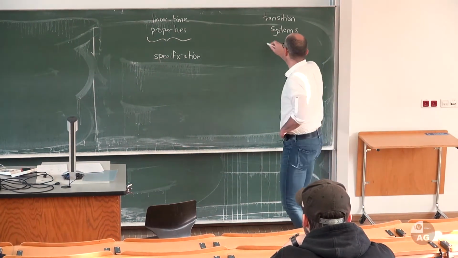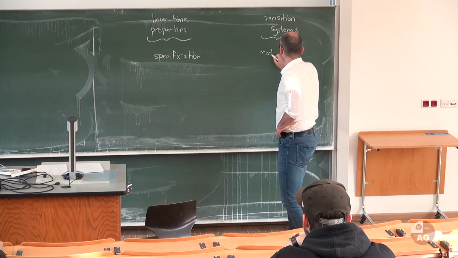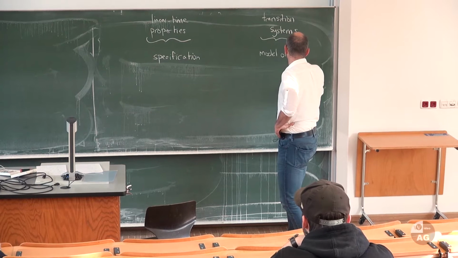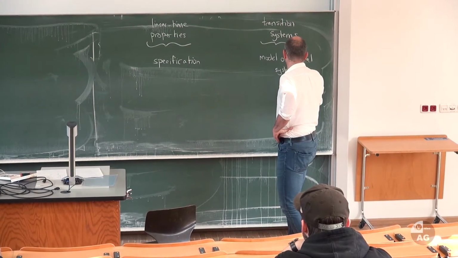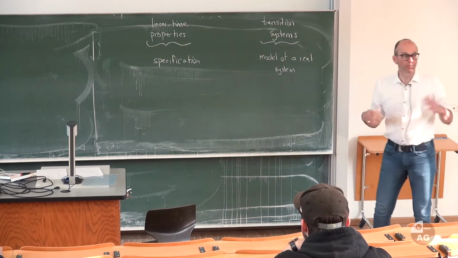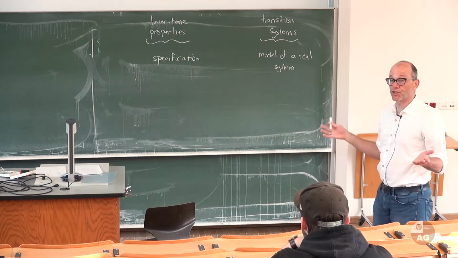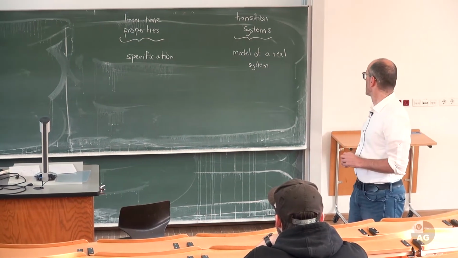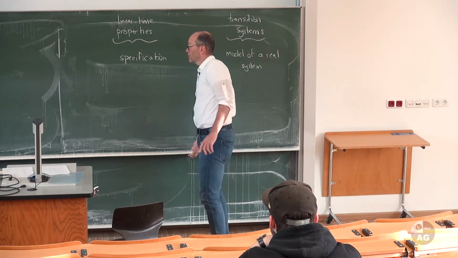And the idea is that the transition system is basically a model of a real system, be it a program, a parallel composition, so multi-threaded programs or whatever, or something like a Promela model.